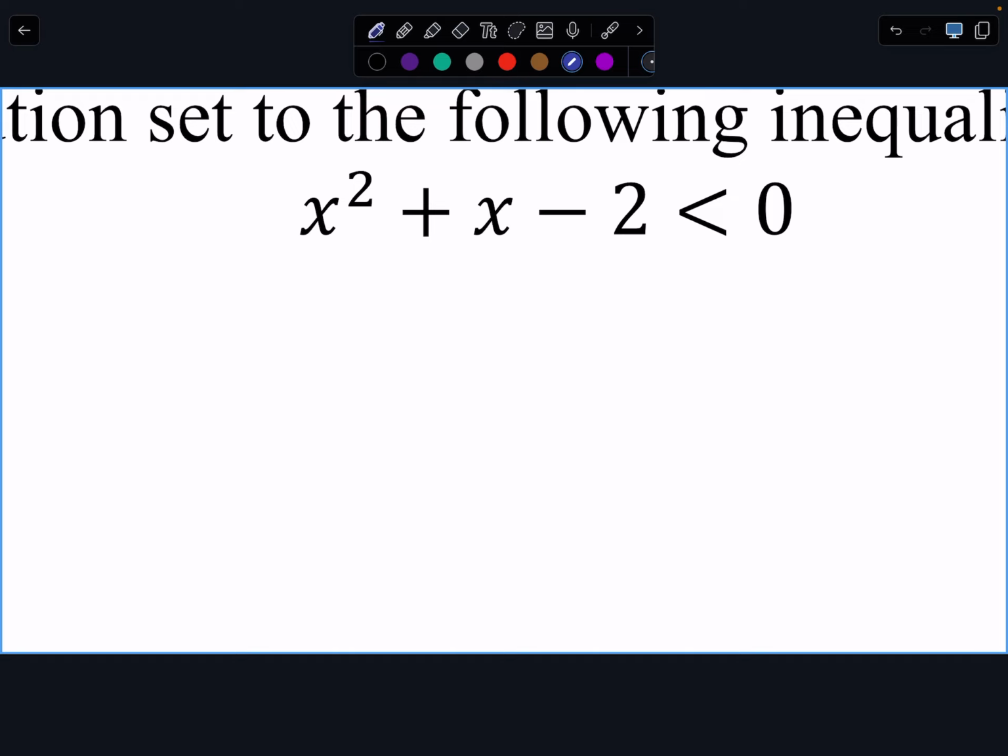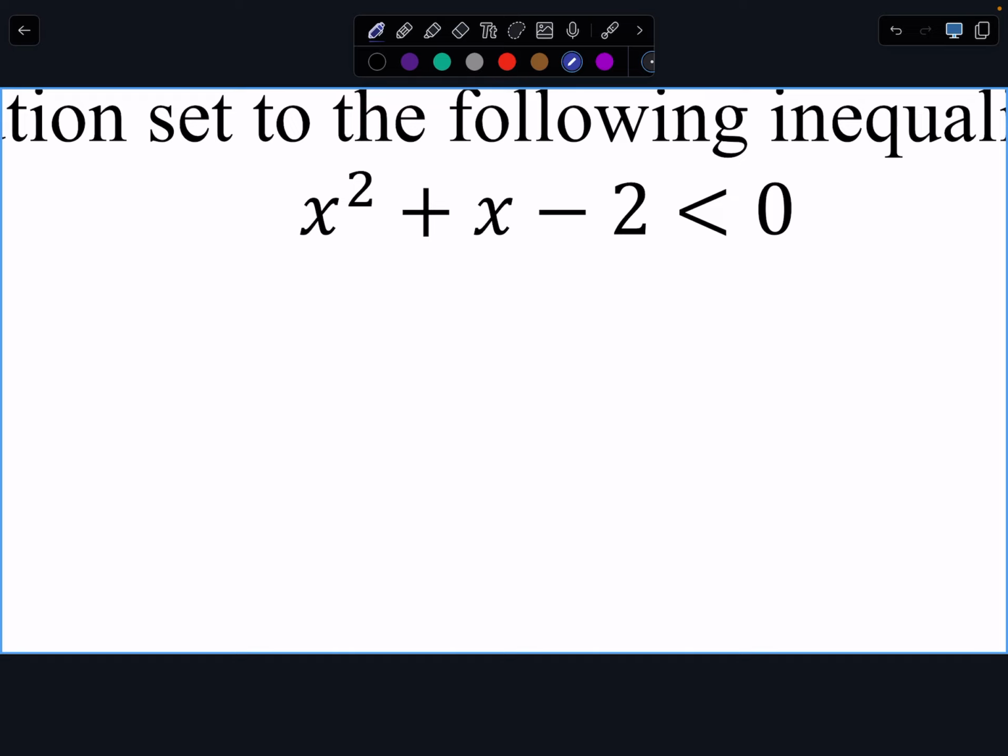But in order to give us an idea of what the endpoints of the intervals would be that would represent this solution set, we want to think about where there is potentially a sign change. So to do that, we would fall back on the same strategies that you used previously to find zeros of a quadratic equation, and the most efficient method would be to factor.